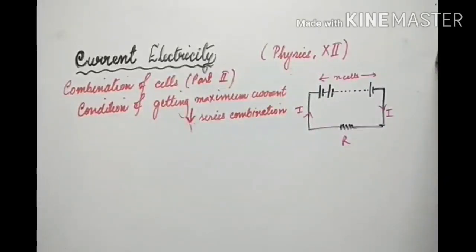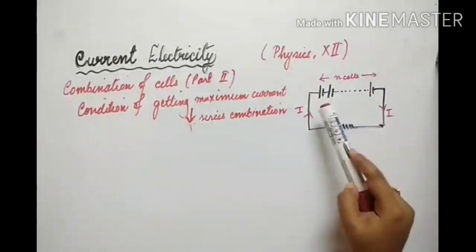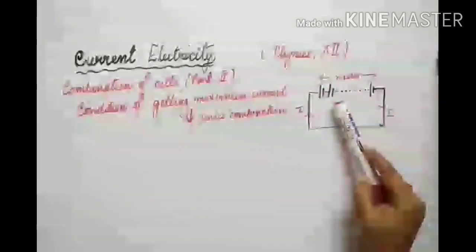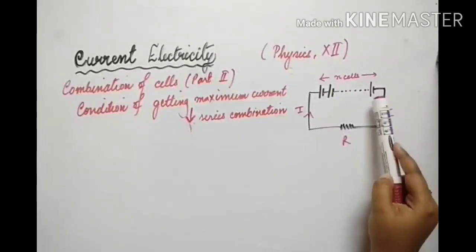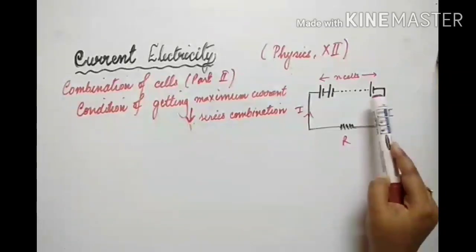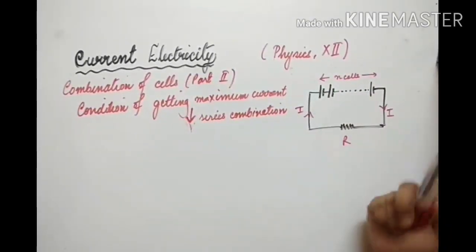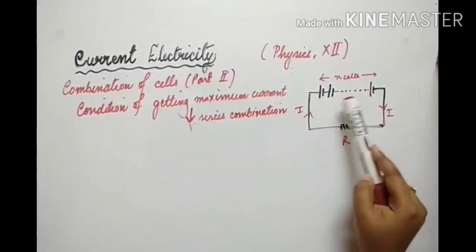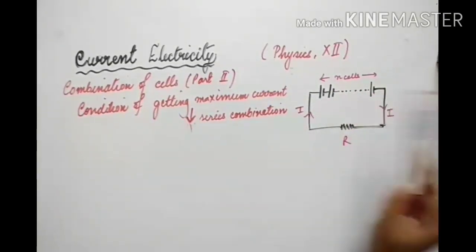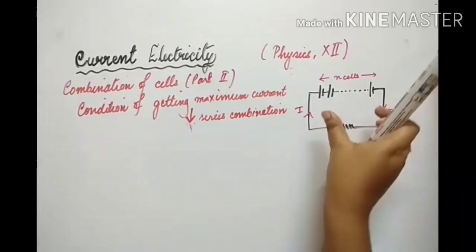So here in this circuit you can see that this is cell 1, cell 2 and till n number of cells, these are arranged one after the other. Okay, and there are total n number of cells.